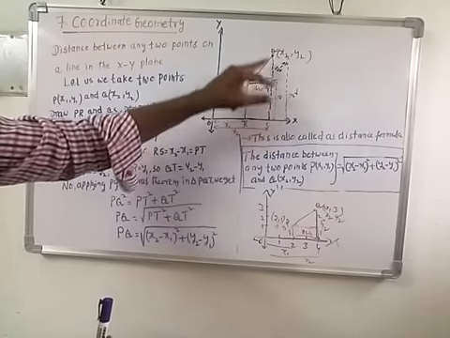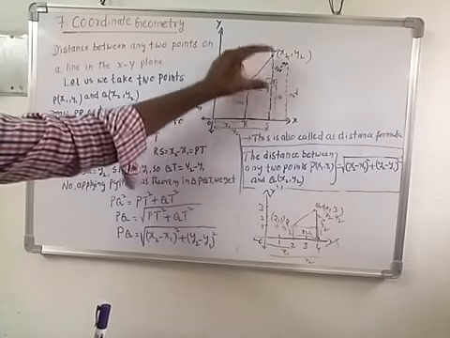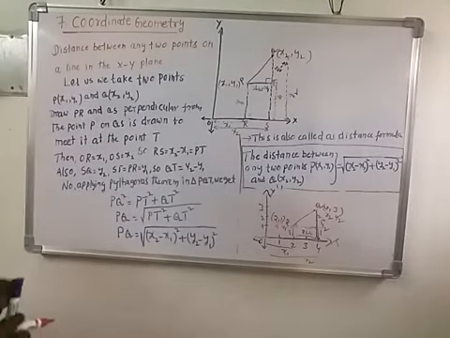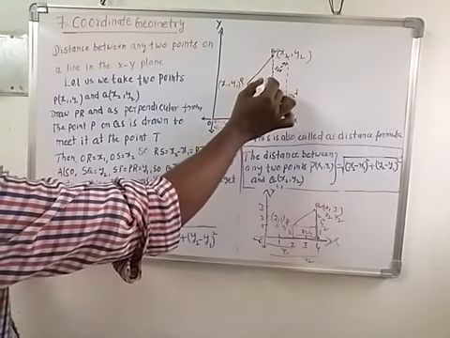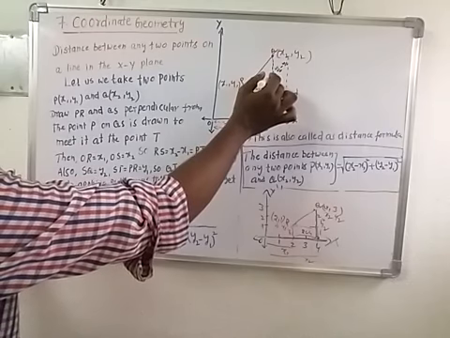So QT is equal to y2 minus y1. Now here we form a perpendicular line, so it forms a right angle.